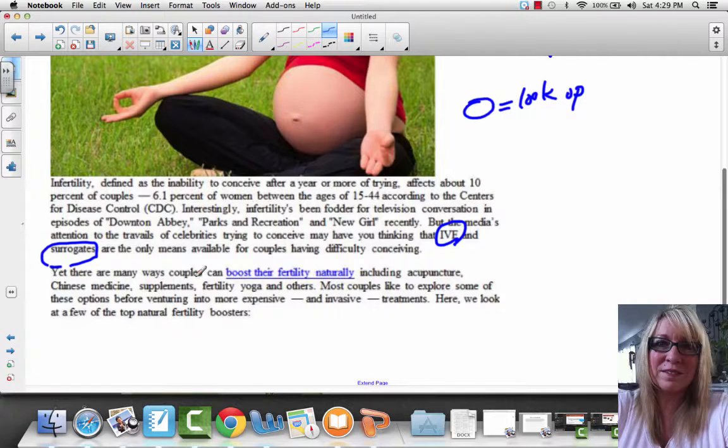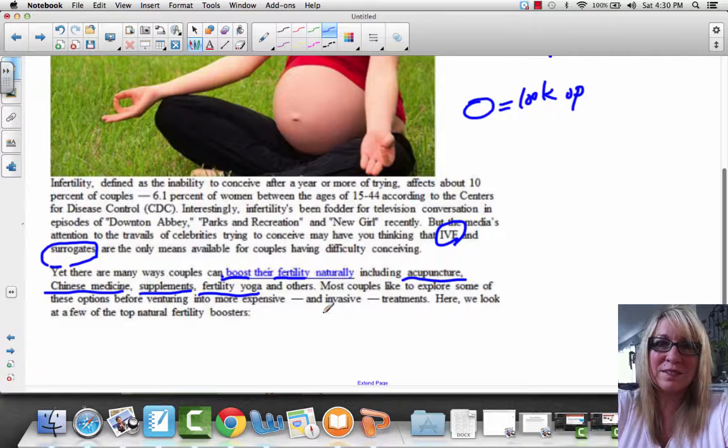Yet there are many ways couples can boost their fertility naturally. So boost is another word for increase. So we're going to increase fertility, which has to do with our question, by doing what? Including acupuncture, Chinese medicine, supplements, fertility yoga, and there's others.